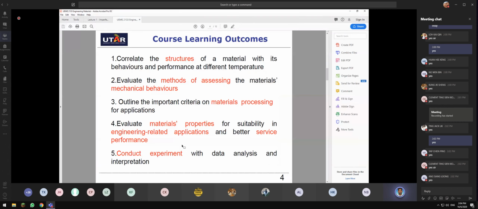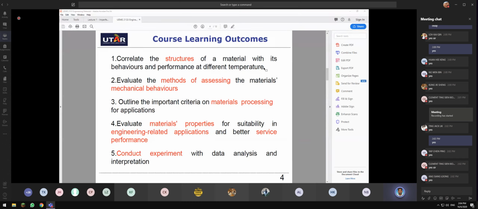For the course learning outcomes, you can just go through these. There are 5 course learning outcomes. The first one is to correlate the structure of a material with its behavior and performance at different temperatures related to properties of material.